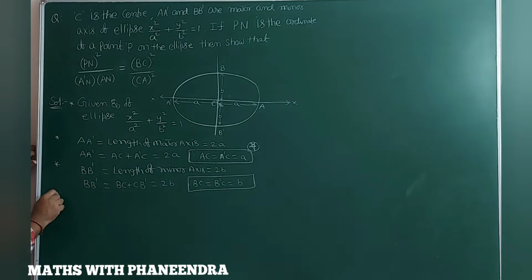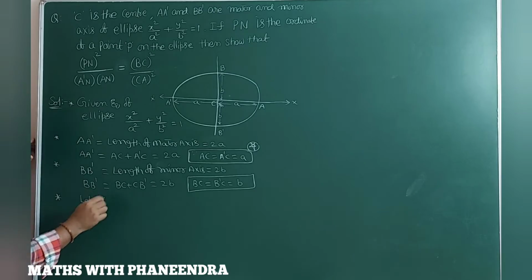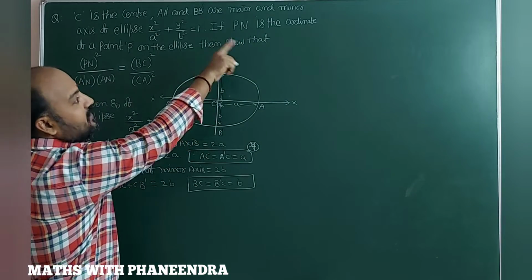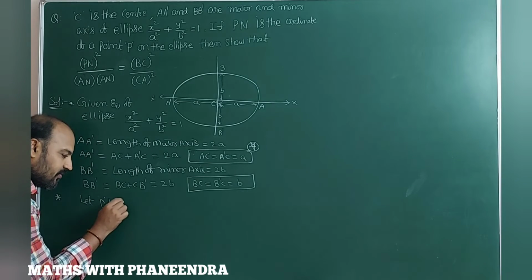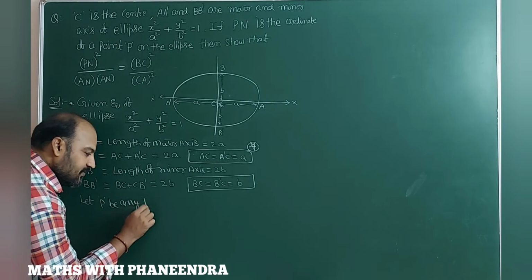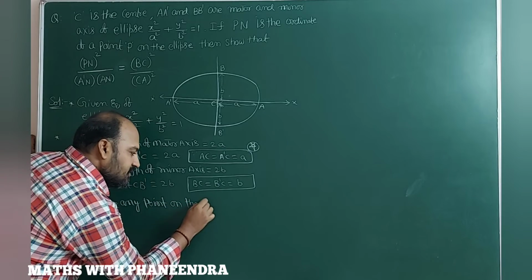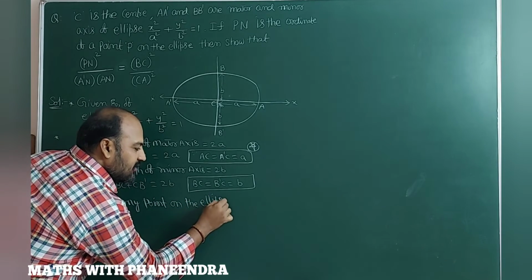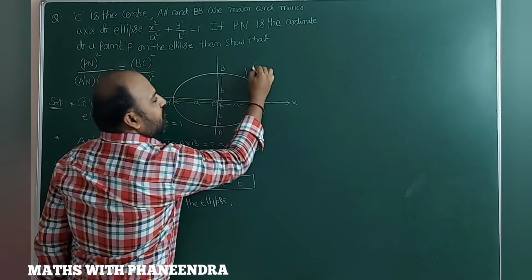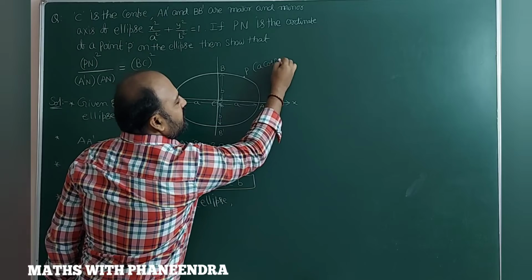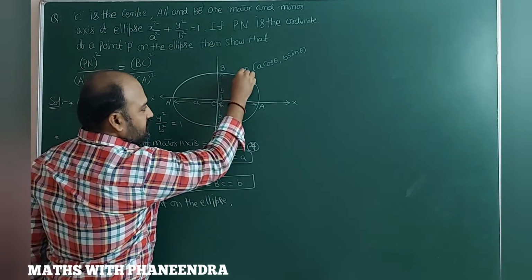After that, you have to assume any point. Let P be the point; PN is the ordinate here. So P is any point on the ellipse. The point I am taking is a parametric point, P of theta, P of a cos theta comma b sin theta. This is the parametric point on the ellipse.